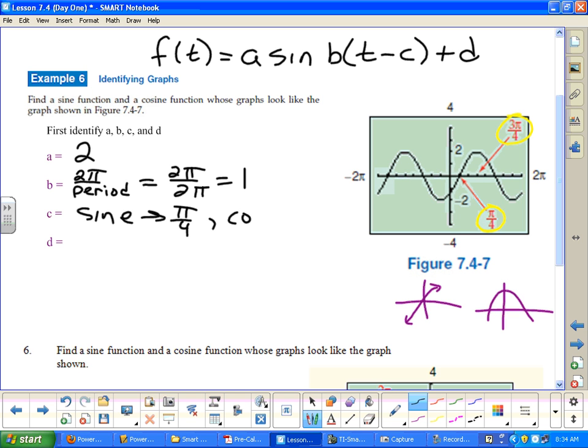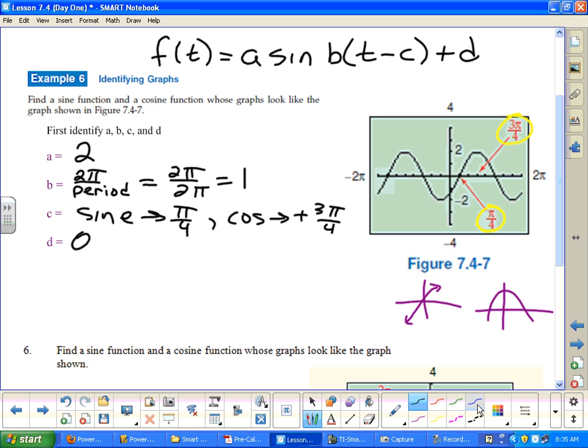For cosine, it would be positive 3 pi over 4. Because it's been shifted pi over 4 from what sine would normally be, and 3 pi over 4 from what cosine would normally be. And the value of D is the vertical shift. Has this been shifted up or down at all? No. So the value of D is 0.